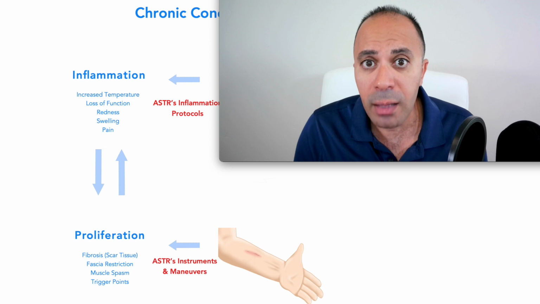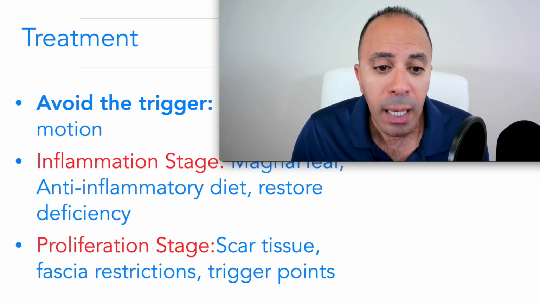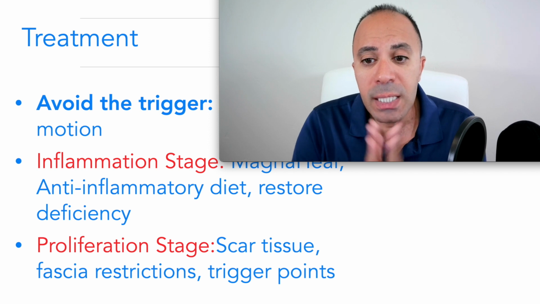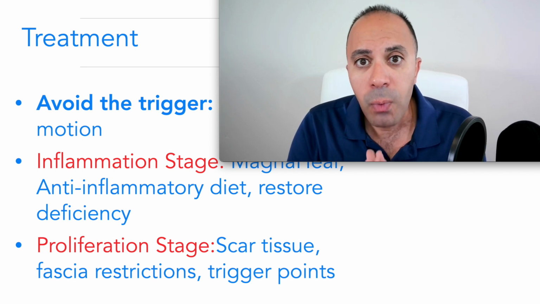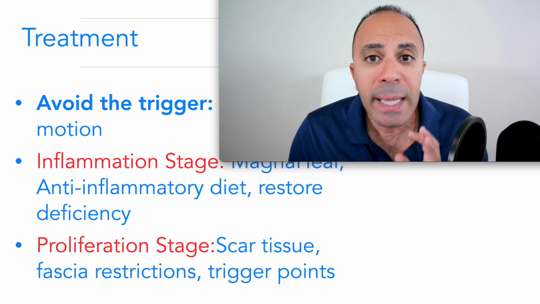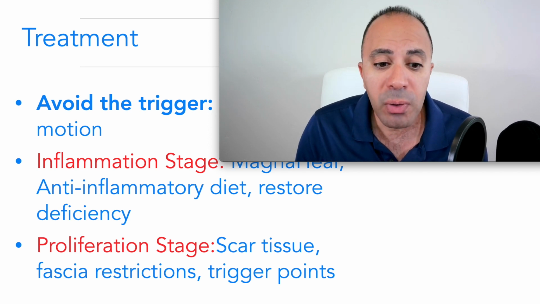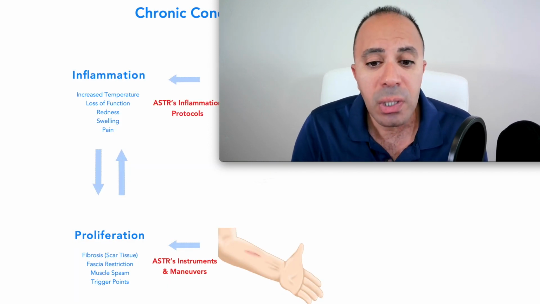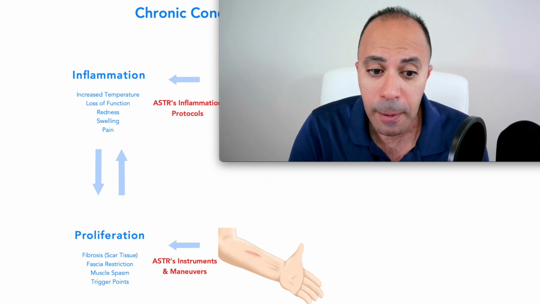If you are a healthcare provider, you can get those to treat your patients. We need to really decrease the inflammation with Magna Heal, the anti-inflammatory diet, and meeting deficiency. Simultaneously, you need to break the scar tissue, working on the proliferation stage: release the fascial restriction, muscle spasm, and trigger points.